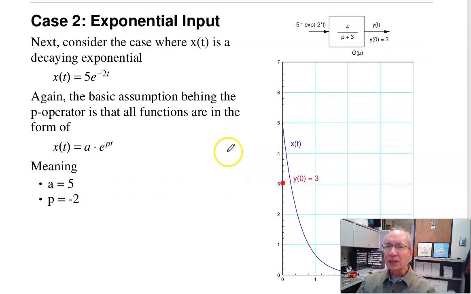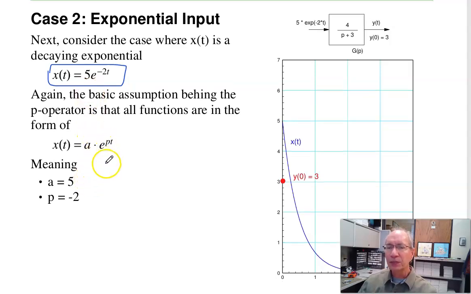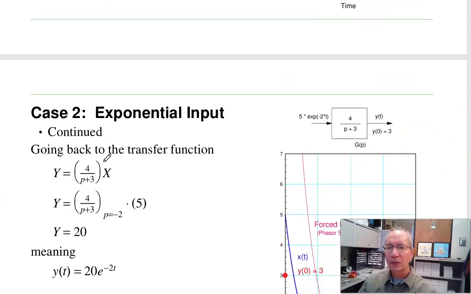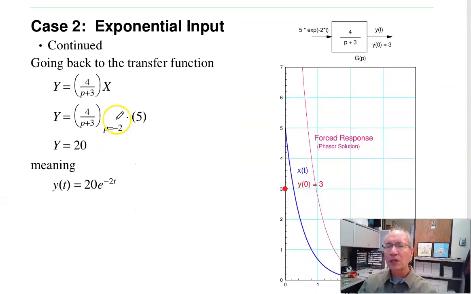Let's extend that. Suppose my forcing function is 5 e to the minus 2t, and my initial condition is 3. Solve for y of t using the p operator. Well, I've got the forced response. In this case, everything's in the form of e to the pt. So p is minus 2, and the amplitude is 5. So the forced response is, here's the gain everywhere.